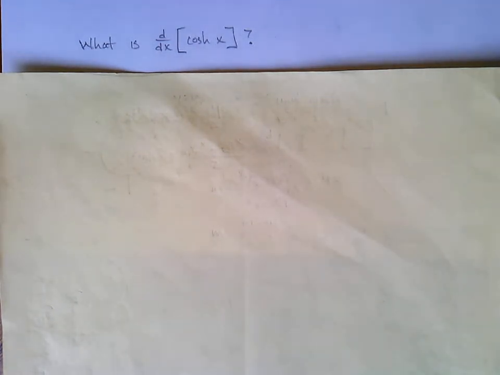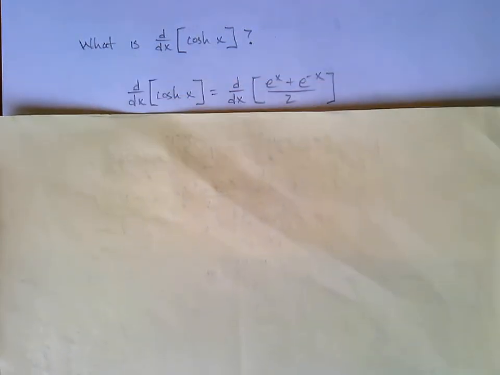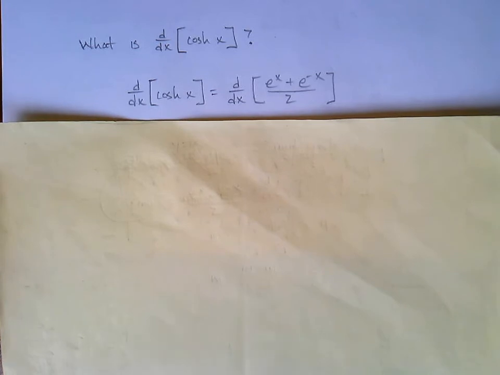Well, wouldn't it be cool if the derivative of hyperbolic cosine x was negative hyperbolic sine x, and it just matched up with the trig derivative perfectly? Let's see if it plays out like that. We got to do the hard work. We don't want to assume anything just because hyperbolic sine worked. Got to do each one.